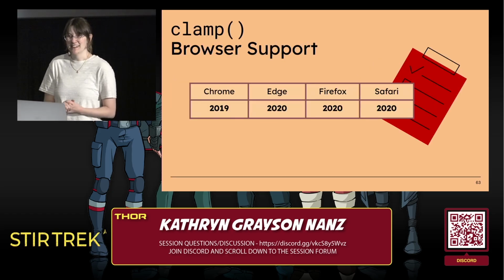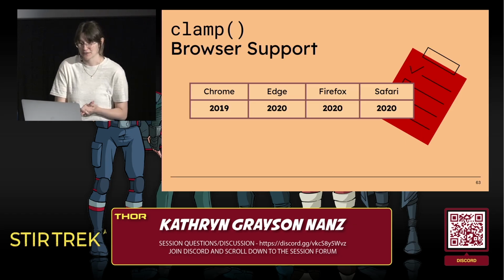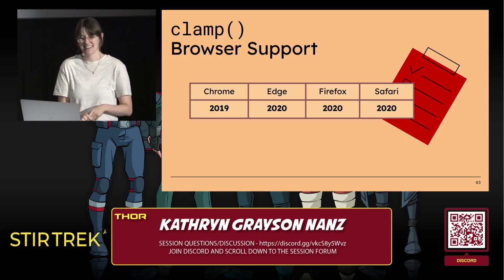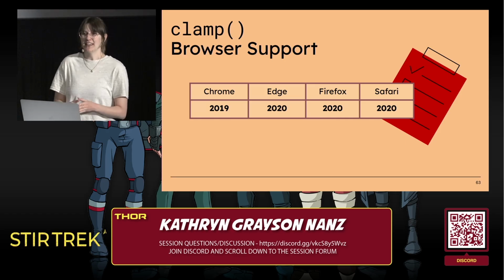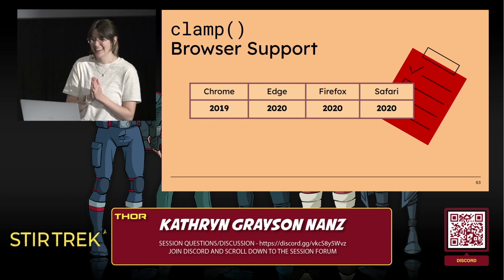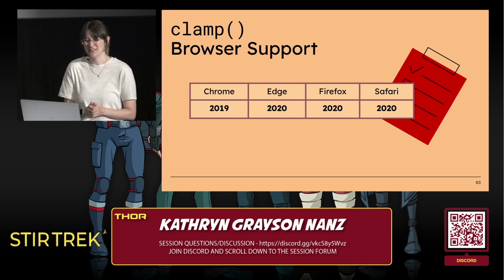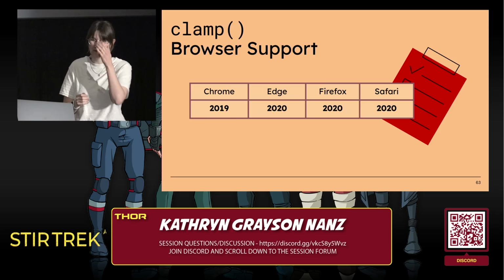Now this one is honestly cutting it very close on the edge of my last 5 years rule, because Chrome added it in late 2019, and the other 3 jumped on shortly after. So if you are measuring strictly, then it has been just over 5 years since Firefox added support for this in April 2020.